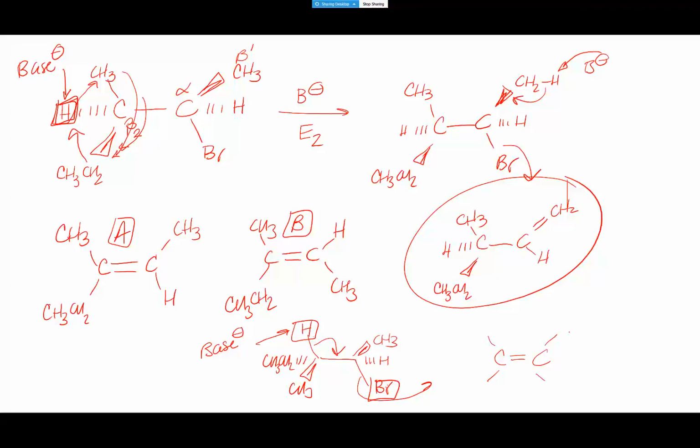The groups that have the same arrows or the same bonds are going to be cis. So the two bolds are going to be cis and the two dashed are going to be cis. So in this case, the methyl groups are going to be cis, and the two dashed groups are going to be cis.